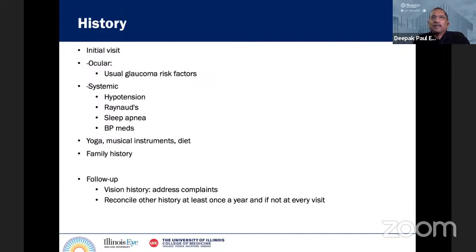You address complaints. I think you have to listen to these patients with severe glaucoma a little more carefully, because, as you will see, the testing that we do has its limitations, and history becomes very important. You also want to reconcile other history that you take at the initial visit at least once a year, and if not, at every visit.